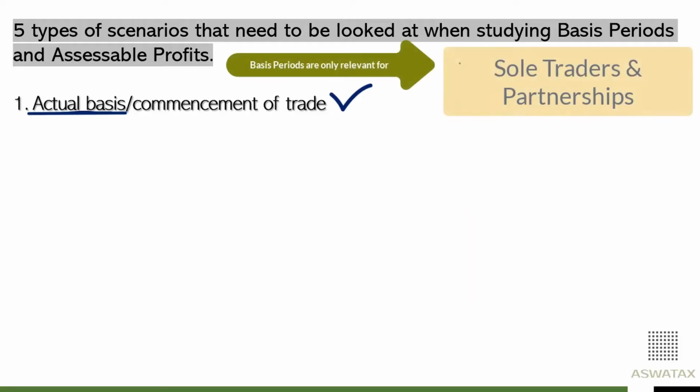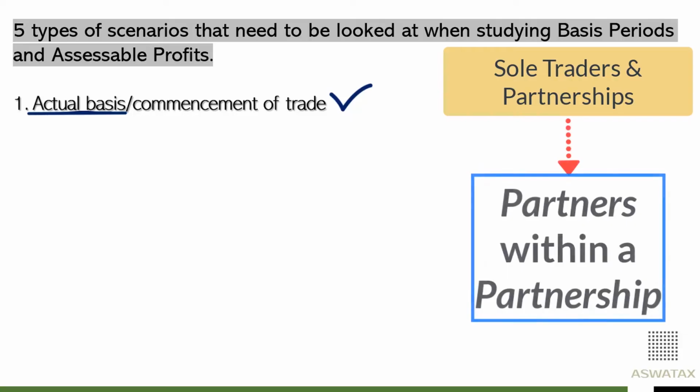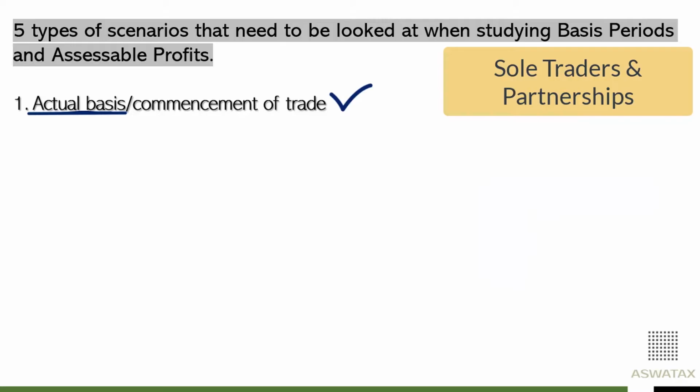Basis periods are only relevant for sole traders and partnerships. Limited companies have separate rules and are taxed under corporation tax. Sole traders and partners within a partnership, as you would know, are taxed under self-assessment, and that's where basis periods come into play. So the first type is the actual basis when commencing trade.